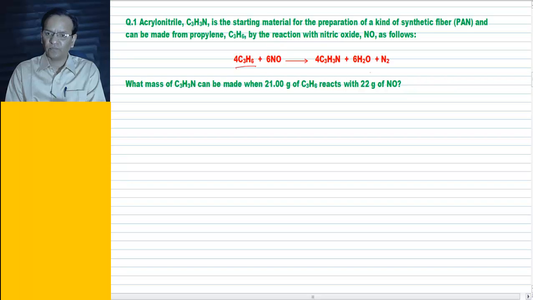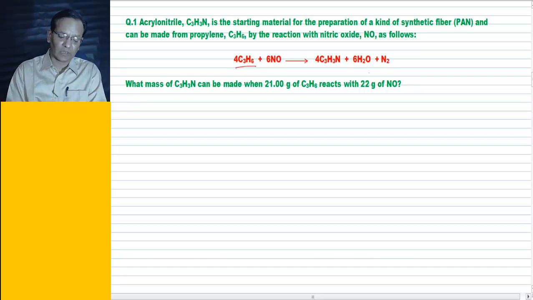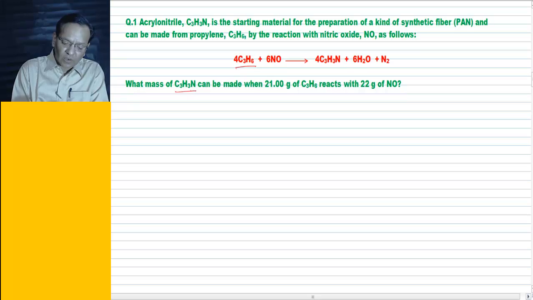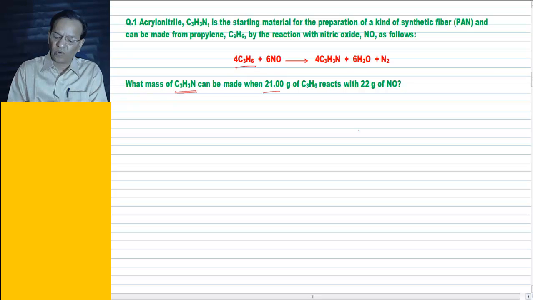This is the reaction, and you have been given the balanced reaction, so you don't need to balance it now, otherwise first you'll have to balance the chemical reaction. The question is, what mass of acrylonitrile can be made from 21 gram of propylene with 22 gram of NO.